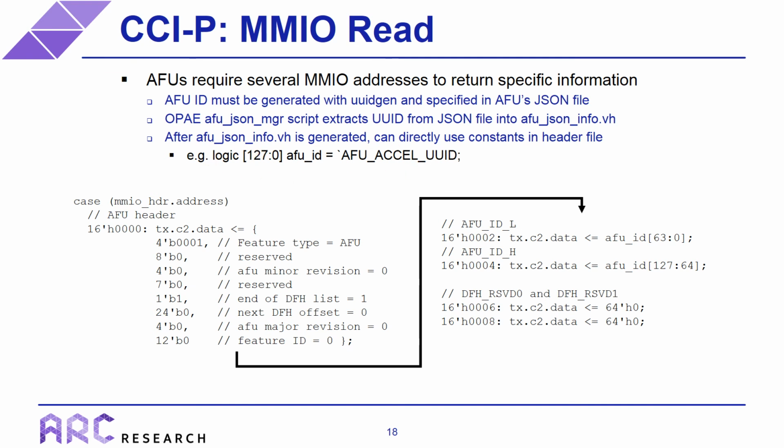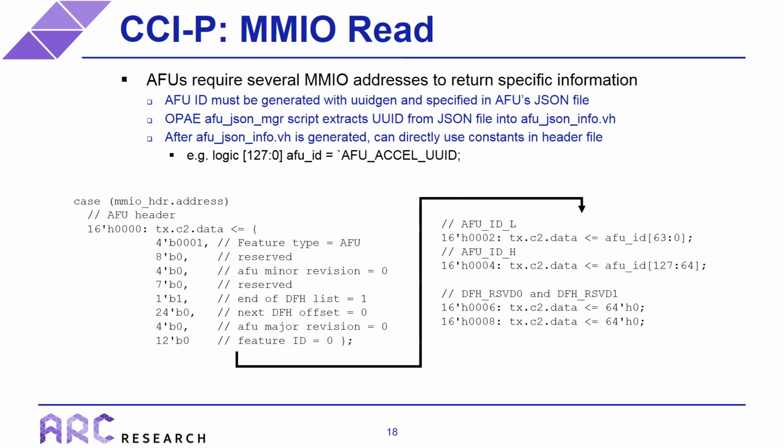So if there is an MMIO read request to address 2, that is the processor requesting the lower half of the AFU's ID. If there's a read request to address 4, that is the processor requesting the upper half of it.